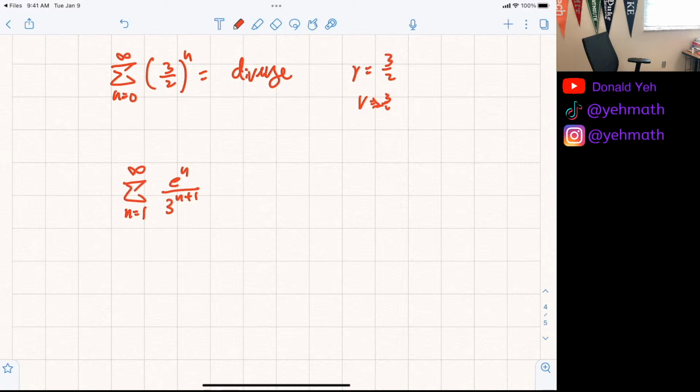Summation, n equal to 1 to infinity, e to the n over 3 to the n plus 1, right? So once you figure out the first term, it's going to be e over 9. So that's your a. Now you just have to figure out r. You can rewrite this, n equal to 1 to infinity, as 1/3 times e to the n over 3 to the n, because it's just simple rules.